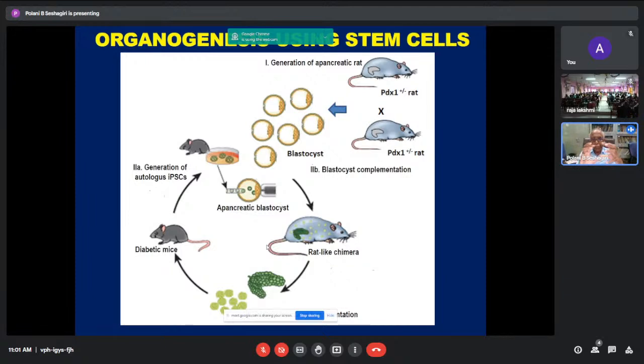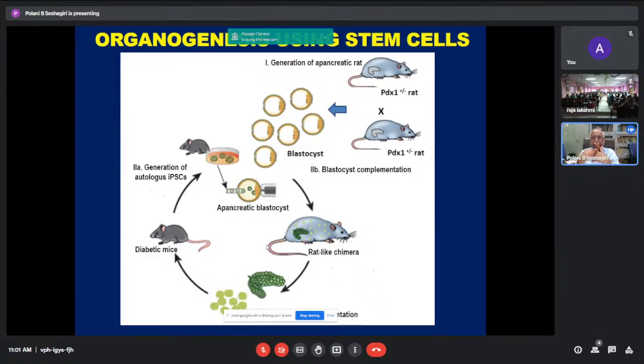This is possible because you are able to make an organism apancreatic, like some individuals who cannot have pancreatic beta cells. You can take out somatic cells, fibroblasts, and engineer those fibroblasts to become iPS cells.